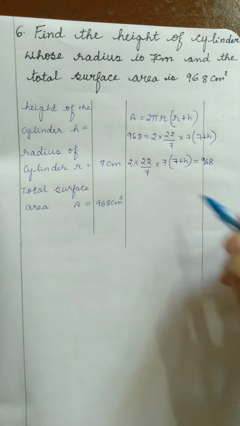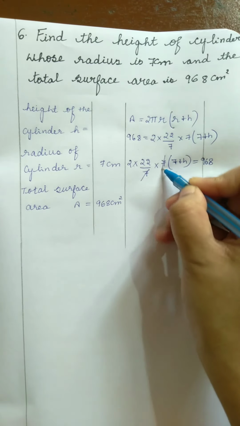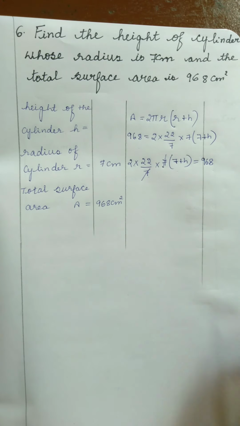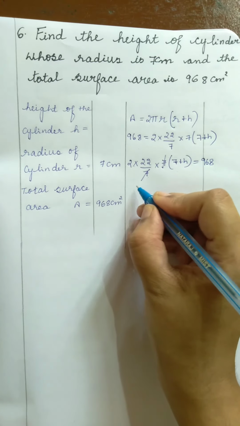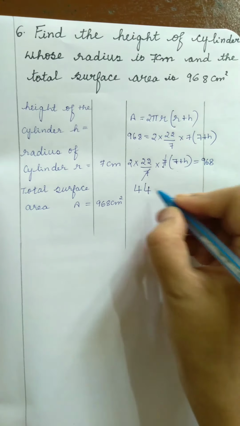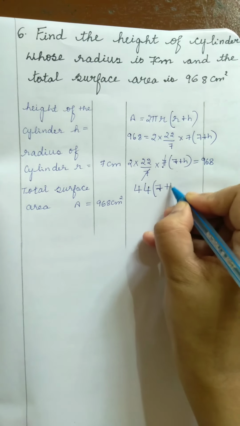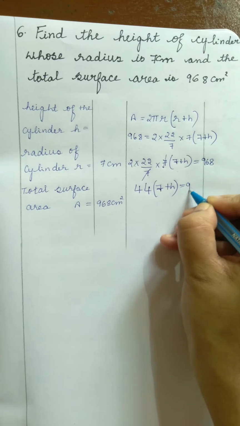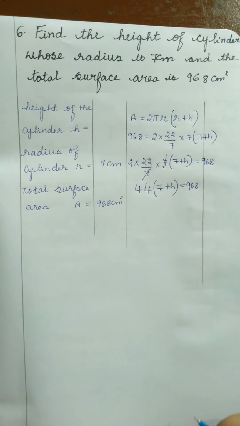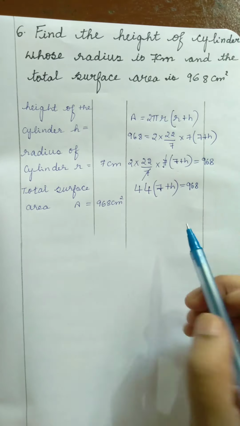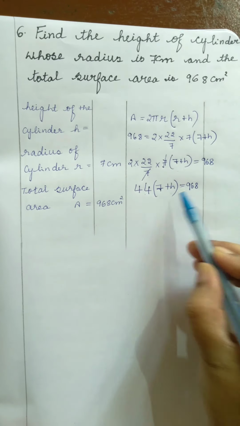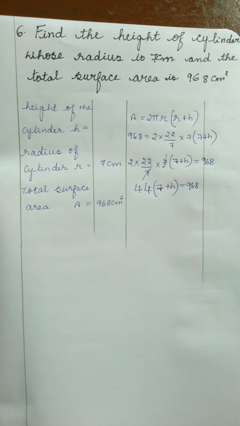In the next step, 7 and 7 cancel. The remaining is 2 into 22, which is 44, into (7 plus h) equal to 968.